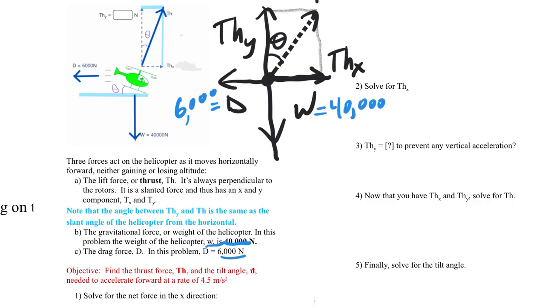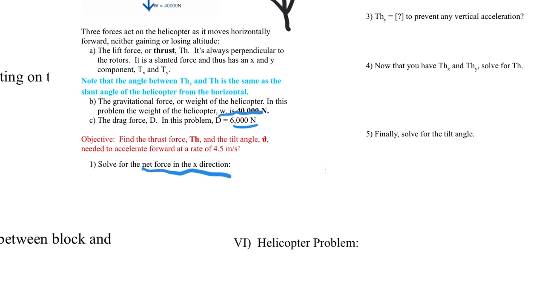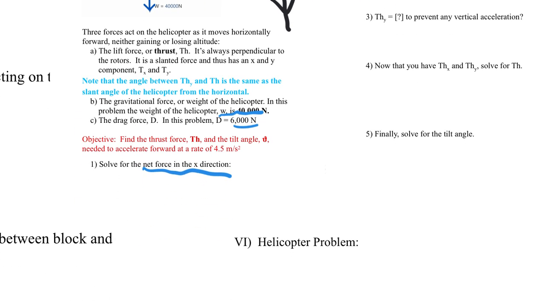So first thing they're asking me for is the net force in the x direction. Well, that's kind of unusual, because usually that's the last step. But since we have acceleration right there, the horizontal net force at least is m times a.